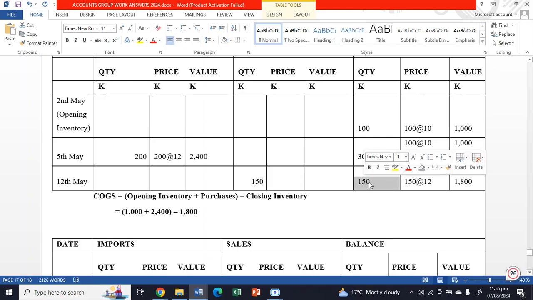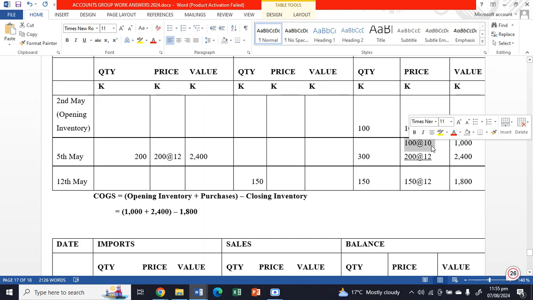Now, this is where the first in, first out comes in. You come to the batch that came in first. So you start with this batch of 100 goods at 10 kwacha. These are the first you're going to sell. So you get rid of all these 100 units. Then there are 50 units that you still need to get rid of. Those remaining 50 units, you get rid of them from this batch of 200 units at 12 kwacha.